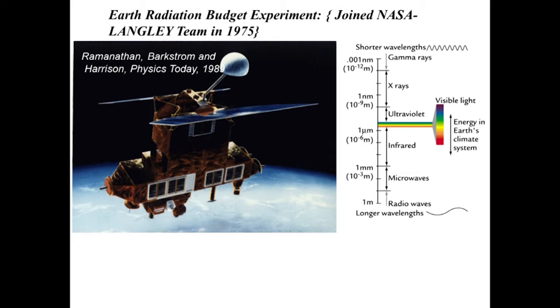The incident solar energy is between a tenth of a micron and about 4 microns, from UV, visible, and near infrared. And the energy Earth gives out is longwave, beyond 4 microns. So we built cavity radiometers, self-calibrating. We would look at deep space and look inside at a black body. So it's one of the first calibrated instruments of the radiation budget of the planet.